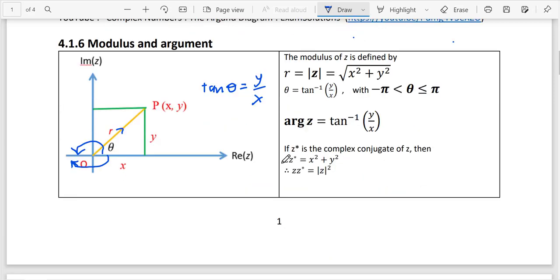So if z times its complex conjugate, you get x squared plus y squared, because the modulus of z is the square root of x squared plus y squared, and the modulus of z conjugate is also the square root of x squared plus y squared. So z times z conjugate is x squared plus y squared. The concept is like that. So z z conjugate is modulus z squared.